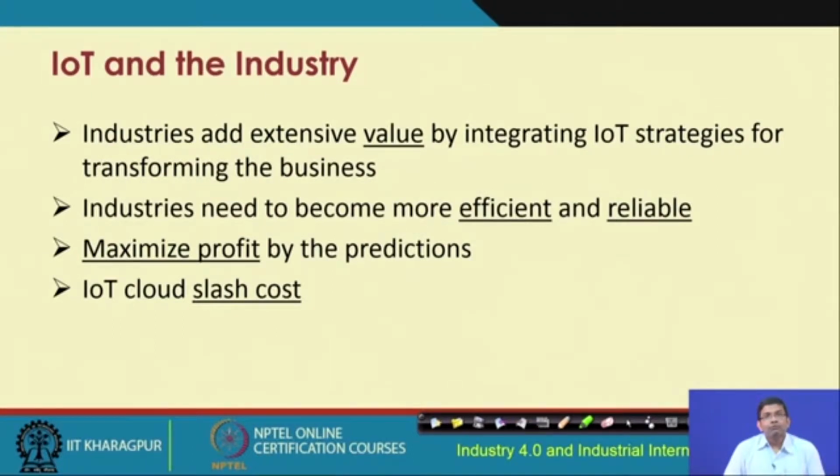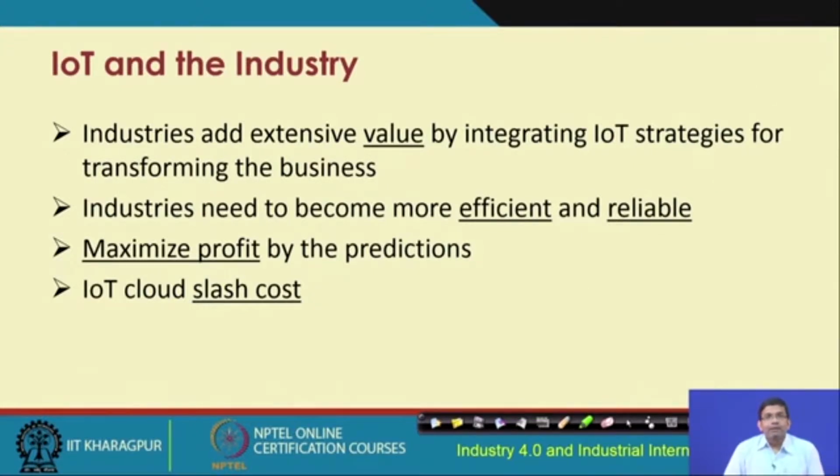We want to improve the efficiency, we want to improve the overall cost effectiveness, operations, and so on and so forth. In other words, we want to add value to the products and the processes that are already there, the traditional ones. We want to add value by integrating IoT strategies, IoT solutions to these products and services. So, value addition should come out through this incorporation or integration of IoT solutions.